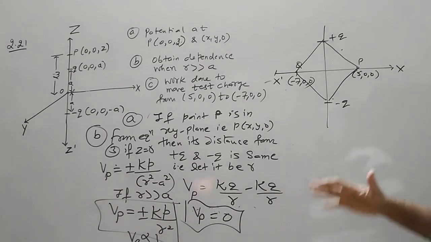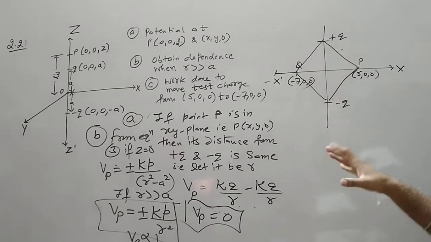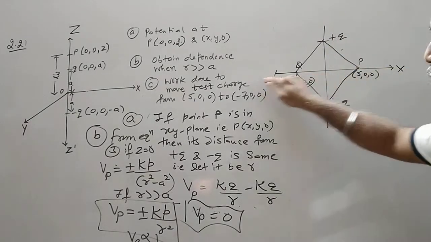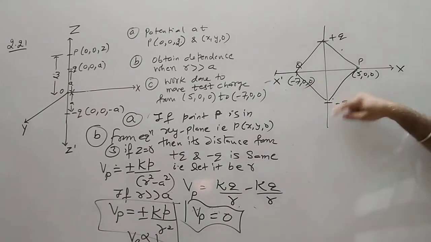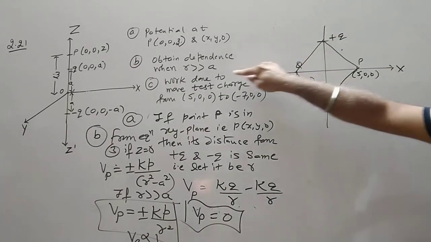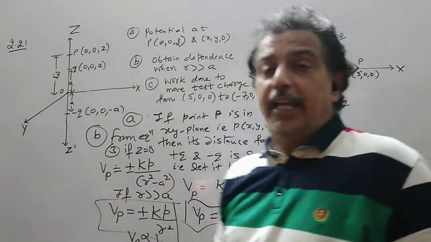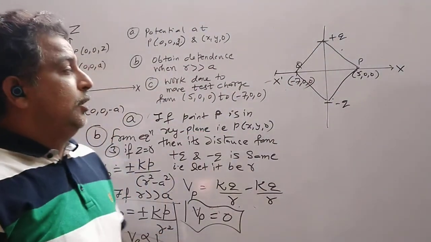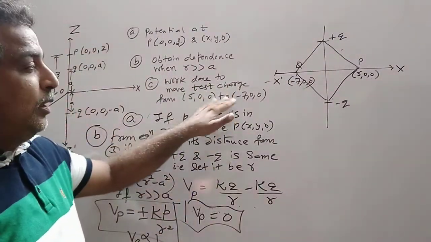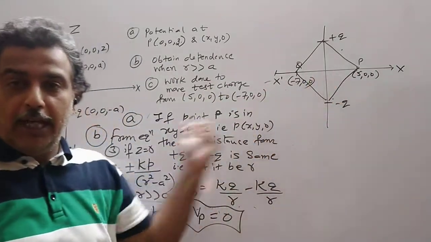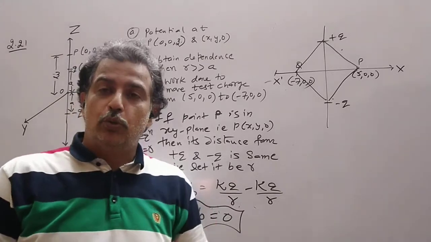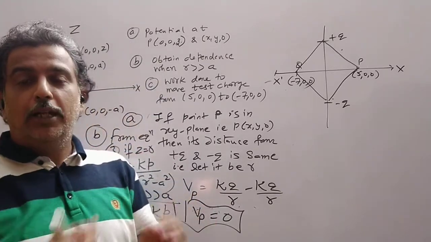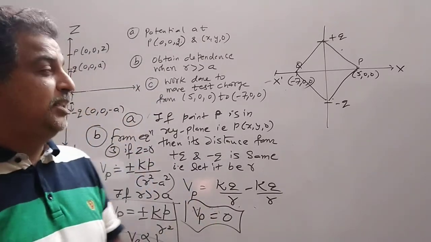If we don't understand all this, it is clear that you are moving along the equatorial line of a dipole. This is the axis of the dipole and this is the equatorial axis. A test charge is moved on an equatorial line, and the potential due to a dipole on an equatorial point comes out to be 0.